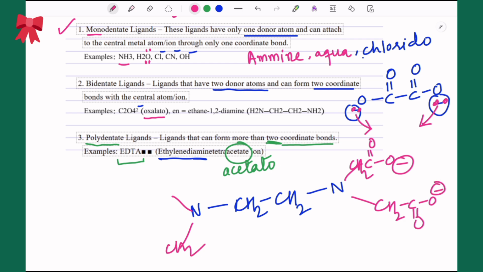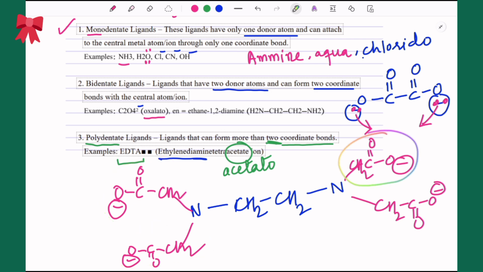On this side also you have to draw the same thing, that is CH2, C double bond O minus, and also on that side CH2, C double bond O minus. So basically, you are drawing acetates. How many acetates have you drawn? Four. First, second, third, fourth.